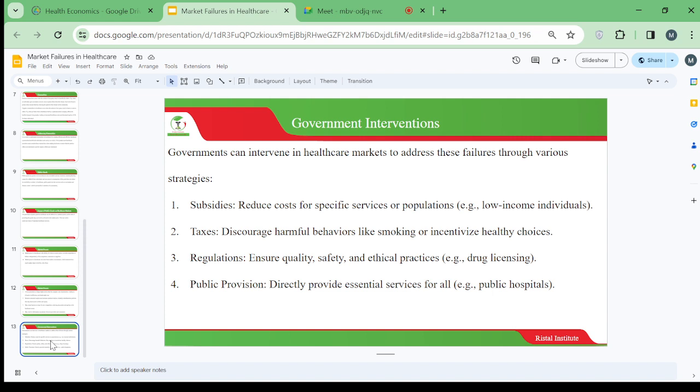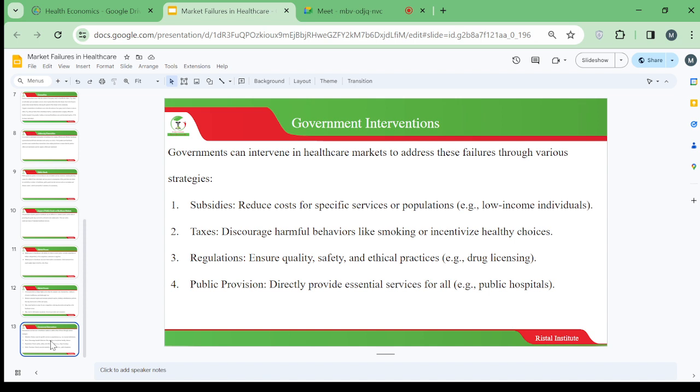Okay, so for example, the example I gave for vaccines, the government providing vaccines to private facilities. That is a kind of subsidy, such that the children can be brought to these private facilities and can be vaccinated, but at a lower cost, because the private facility is not actually incurring costs of buying the vaccines.